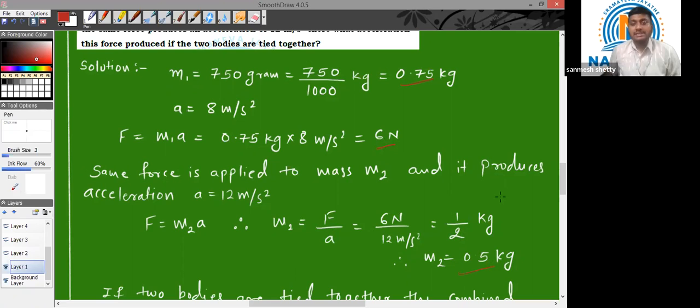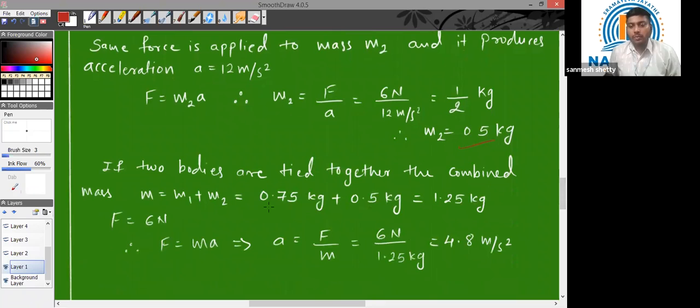Now in the last case, we are combining both the masses and applying the same force to the combined mass. The combined mass will be simply 0.75 kg plus 0.5 kg, which is 1.25 kg. Again, force is equal to mass times acceleration, and this mass m will be the combined mass.